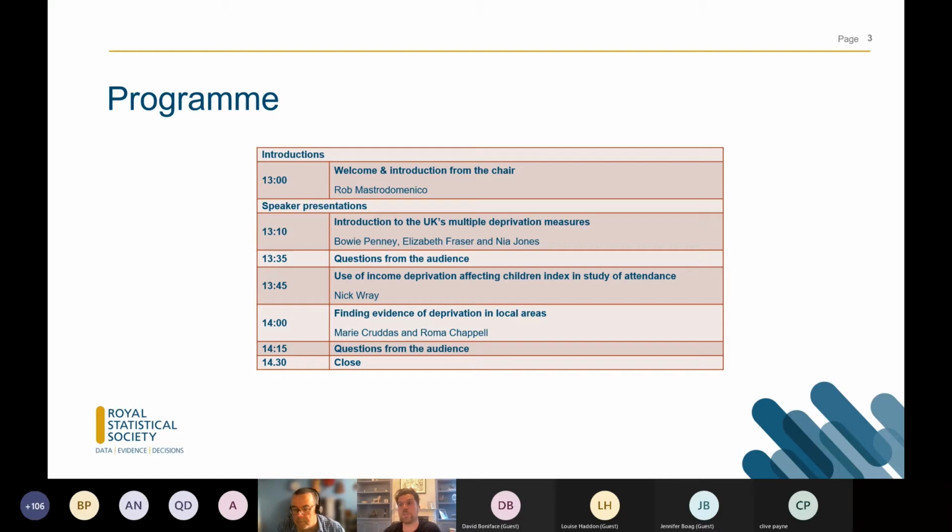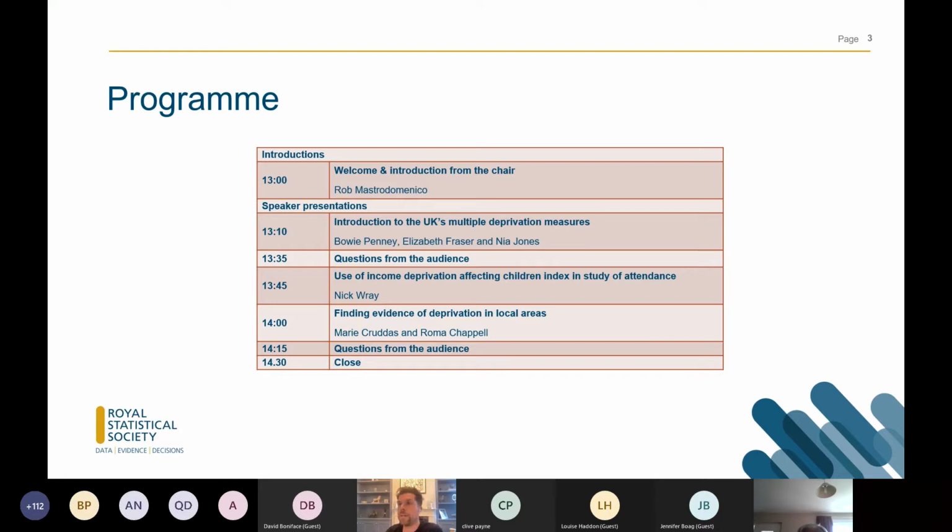Elizabeth is an analyst in the Scottish Government Communities Analysis Division, dealing with poverty and deprivation statistics. And Nia is head of the Social Justice Statistics in the Welsh Government Knowledge and Analytical Services, and she has extensive experience of the Welsh Index of Multiple Deprivation and has been involved in 3 iterations between 2011 and 2019. They're going to be our first talk for the day, and then we'll have questions for those people afterwards.